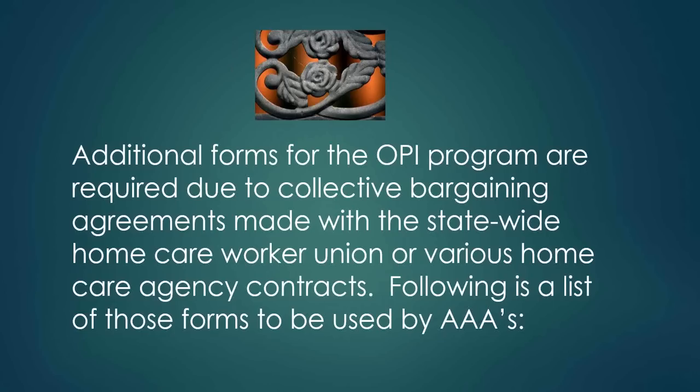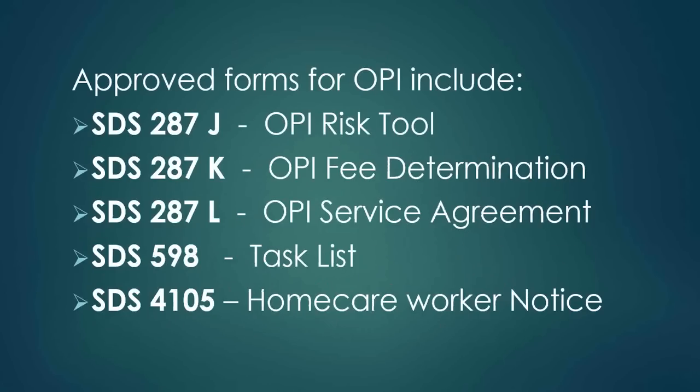So I just wanted to begin with the list of forms that we're going to cover, and there's two slides. One is the OPI risk tool. Then we're going to look at the OPI fee determination, the OPI service agreement. We're going to look at a task list and actually look at how to pull it or do a task list and pull a task list. And then the home care worker forms like the 4105.